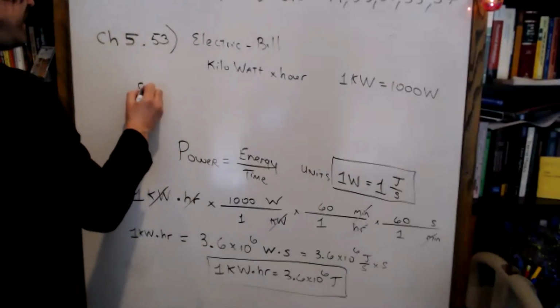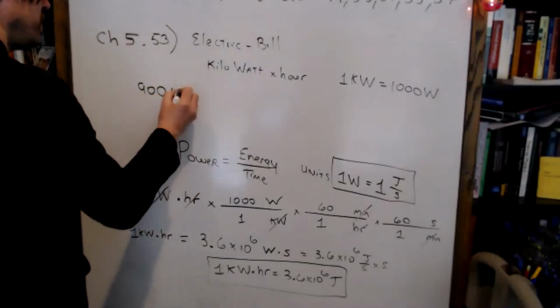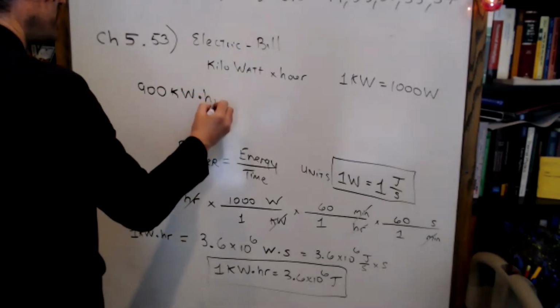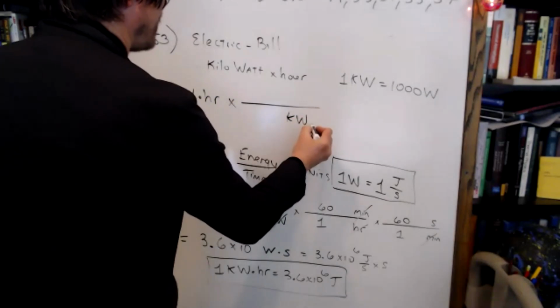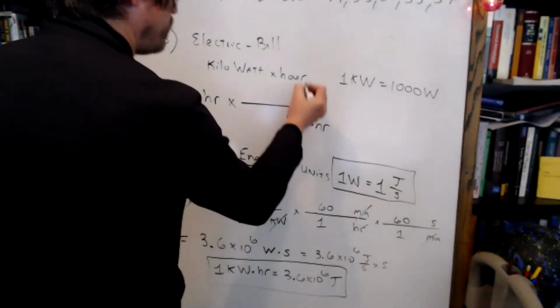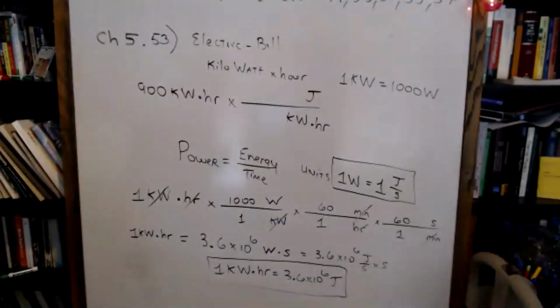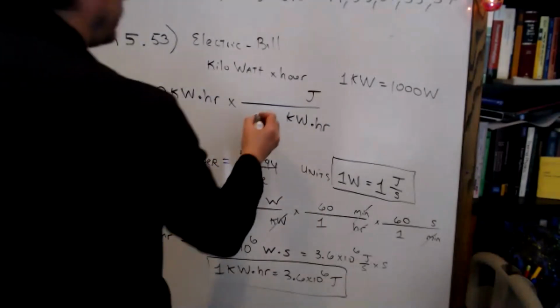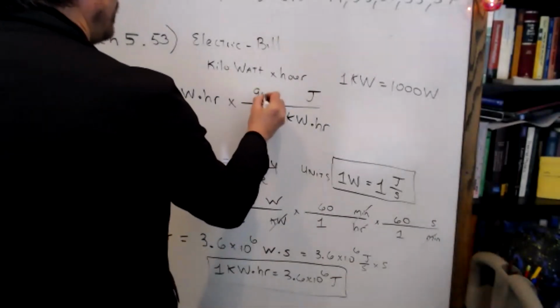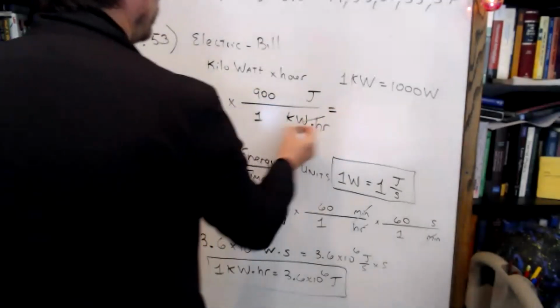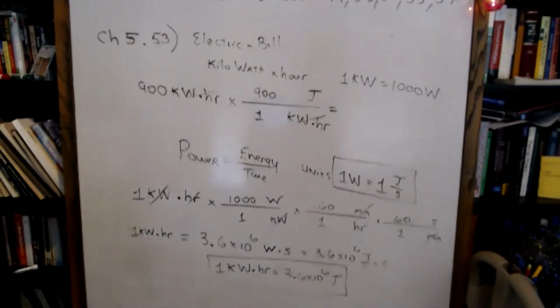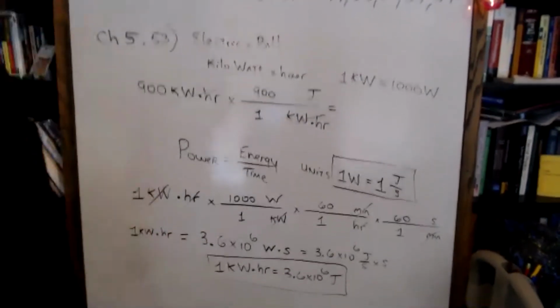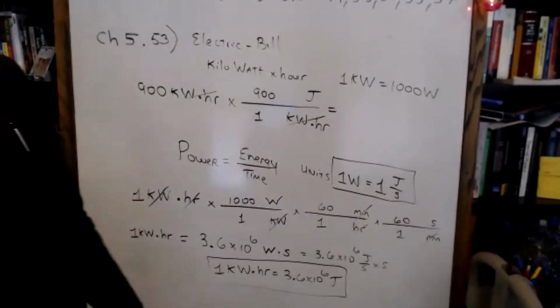So we start with 900 kilowatt hours, and now we're going to convert directly from kilowatt hours into joules because we now have a conversion factor. So 1 kilowatt hour is 900 joules. Kilowatt hours cancel. I'll take that answer whenever you're ready.